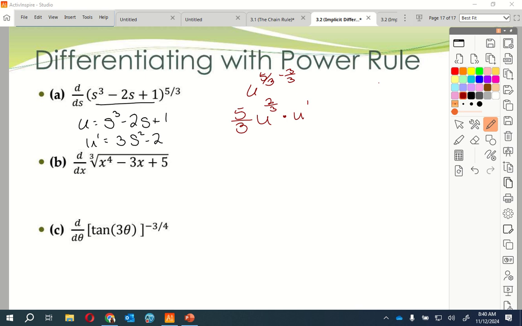All right, let's put it back. 5/3 u, which is s cubed minus 2s plus 1 raised to the 2/3 times u prime, which is 3s squared minus 2. There we go.